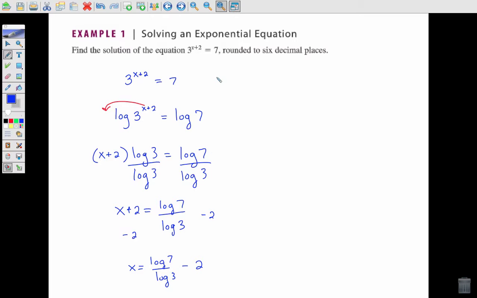In the question it tells us to round to 6 decimal places. So you want to type this into your calculator: log of 7 divided by the log of 3, and then minus 2. I'm sorry.